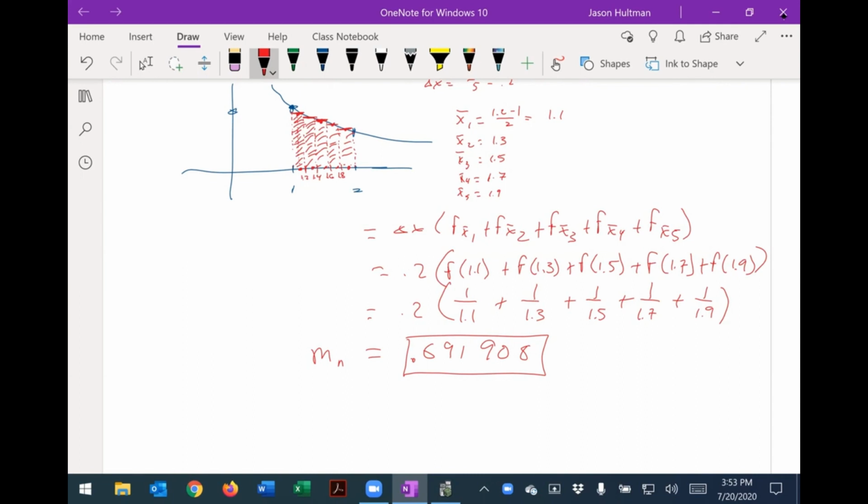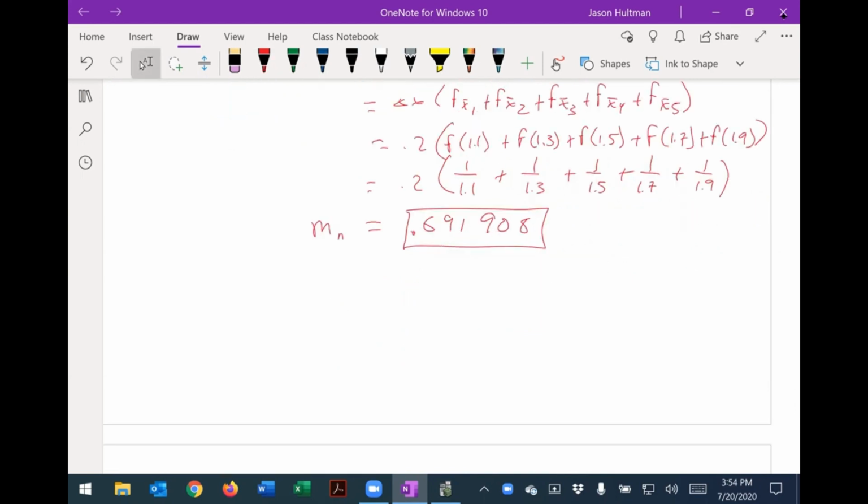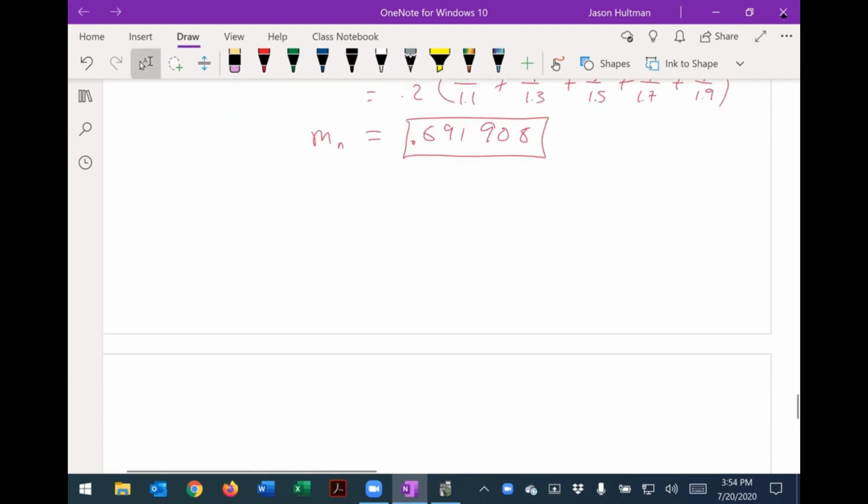It all depends on what the function is. But the midpoint rule and the trapezoidal rule are more accurate than the rectangular rules, the left and right rectangles. The midpoint gives me a good value there. So let's discuss the trapezoidal rule.